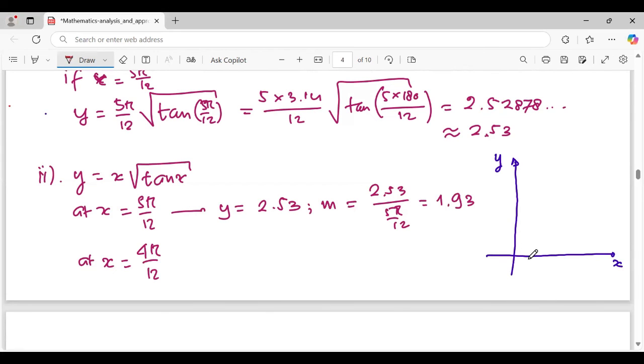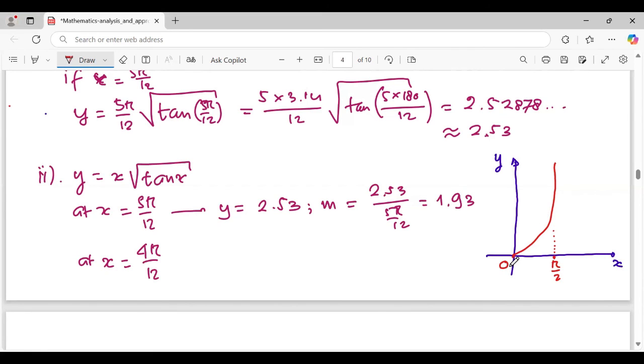The graph is like this. This is pi over 2 on the x-axis, and this is 0.